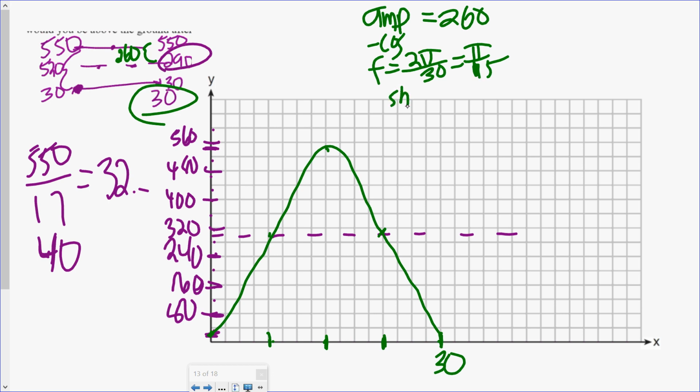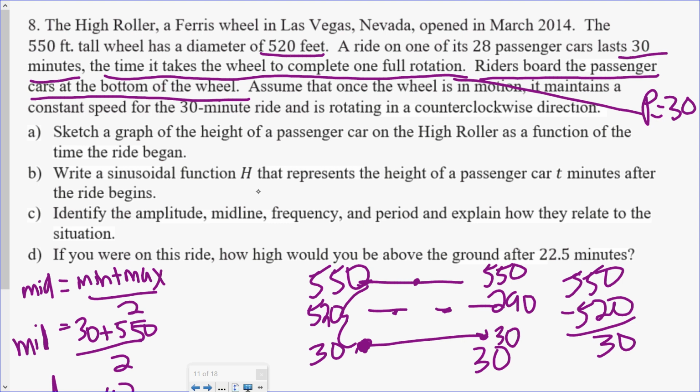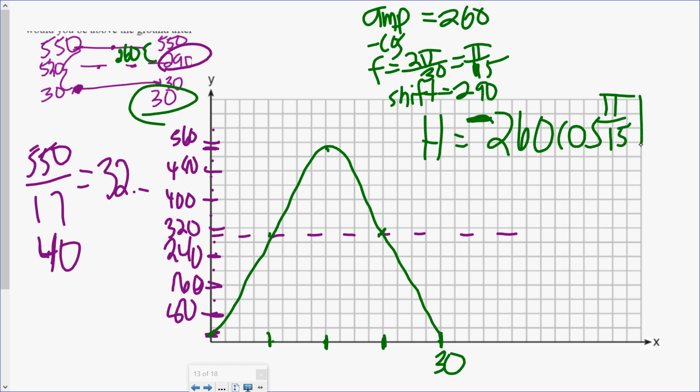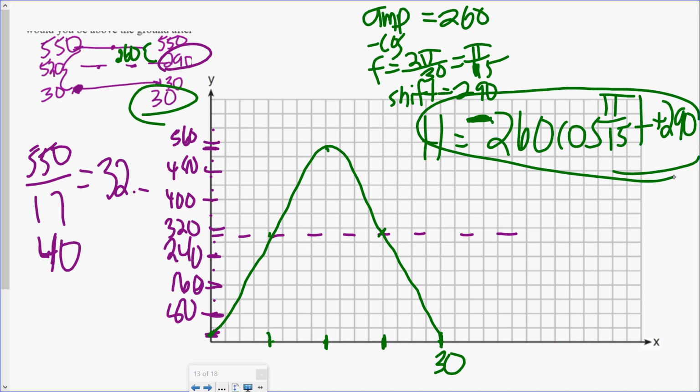And the shift is your midline, which is 290. If it's asking for anything fancy, it says H and T. So H equals negative 260 cosine pi over 15t plus 290.